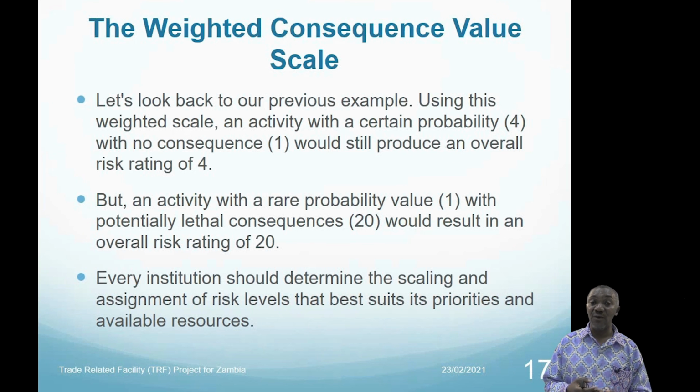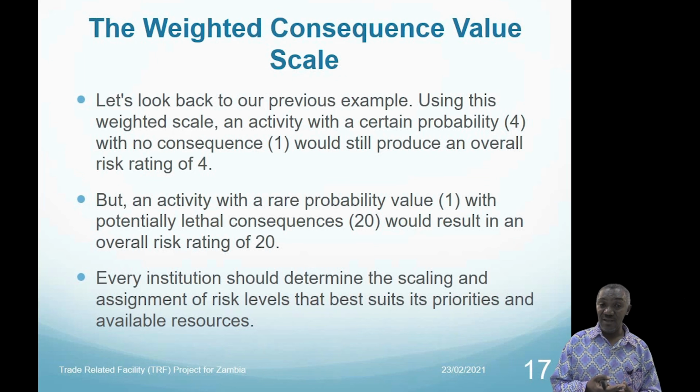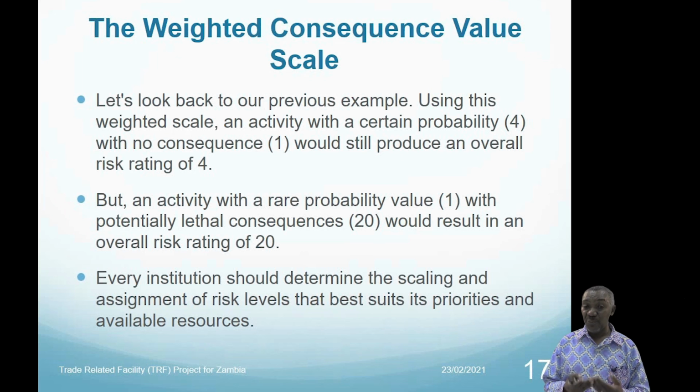So in this way, it becomes easy for us to differentiate the risk that is likely to be caused by E. coli and the one that is likely to be caused by Brucella, because although the likelihood of Brucella occurring is very low, we put more weight on the consequences such that it ranks higher than the risk resulting from exposure to E. coli.